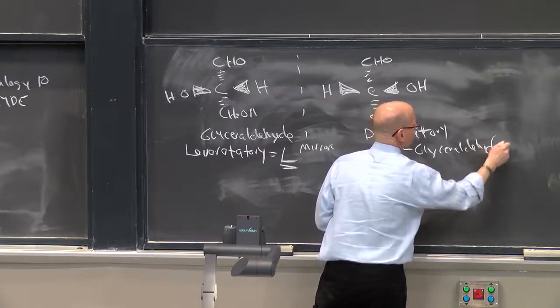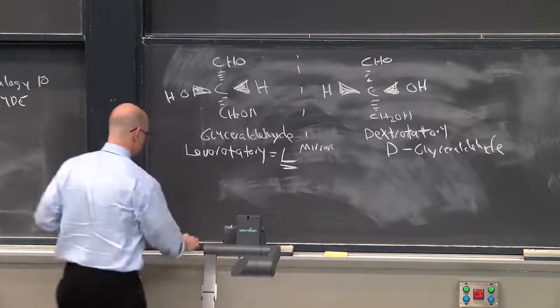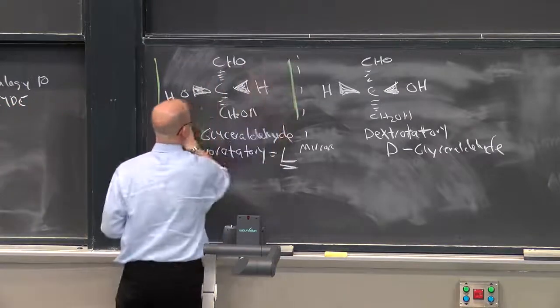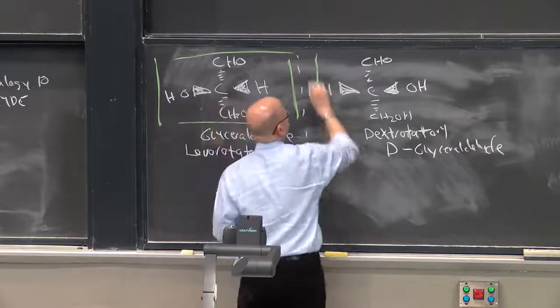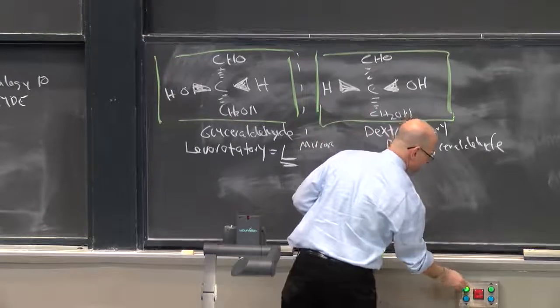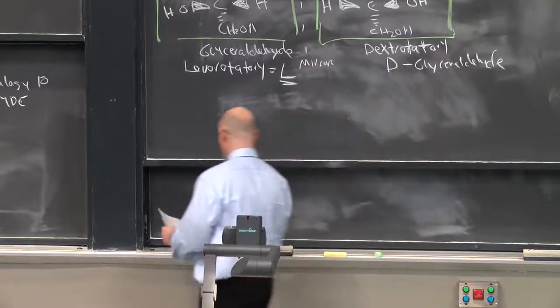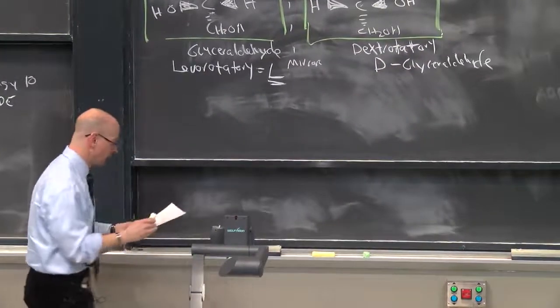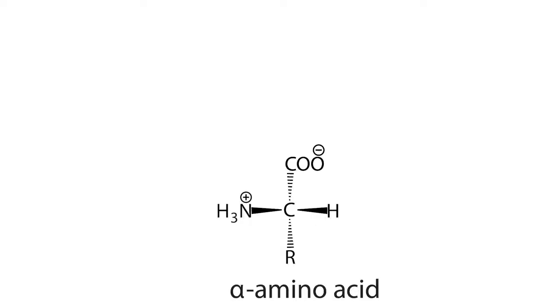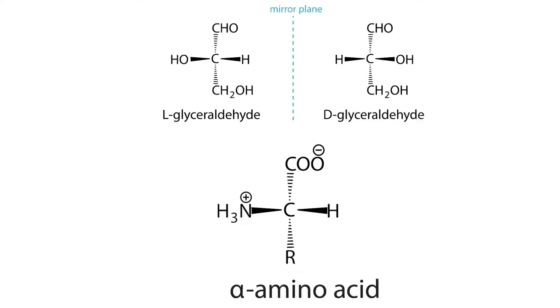And then what people did was, based on these configurations of glyceraldehyde, use analogies between glyceraldehyde and amino acids in order to decide whether an amino acid was L or D form. The amino acids that we find in real proteins look like this, and I'm laying it out so that it looks most similar to glyceraldehyde.